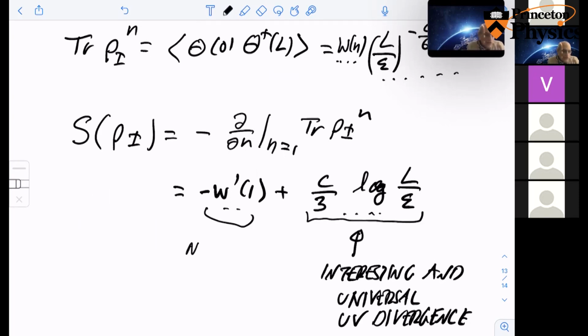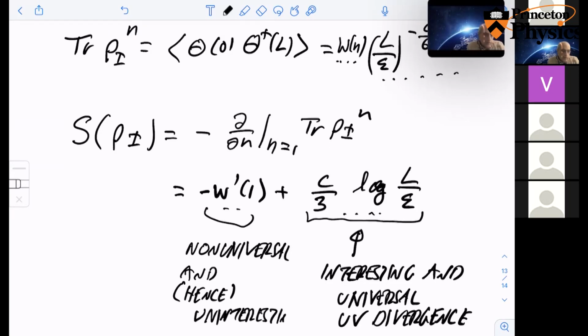This constant is non-universal and uninteresting. It's clear that it must be non-universal because I didn't tell you exactly what ultraviolet cutoff to use. And different ultraviolet cutoffs will amount to using different epsilons in this formula. And so they will differ by shifts of this constant.